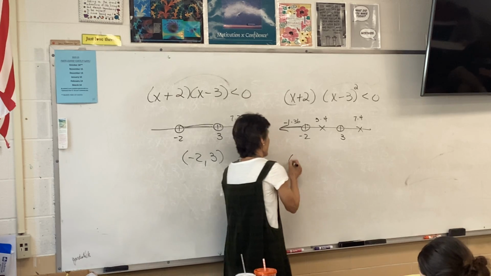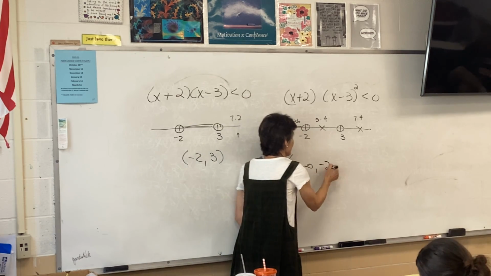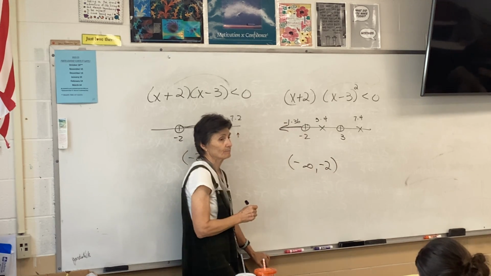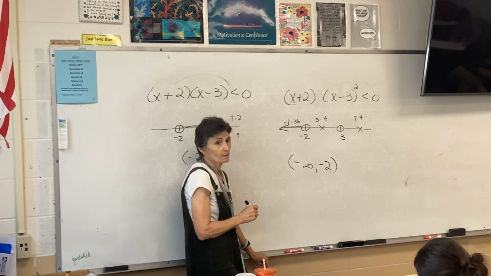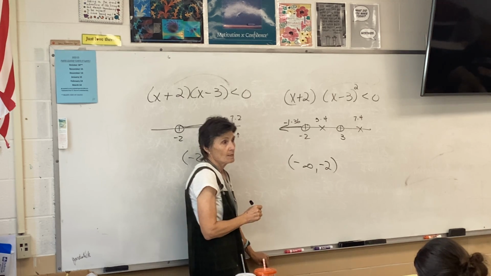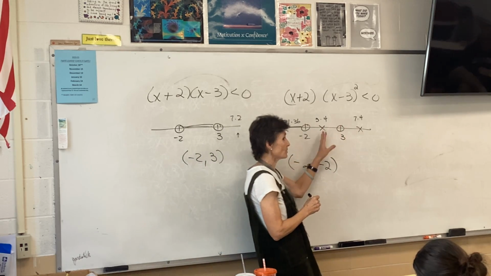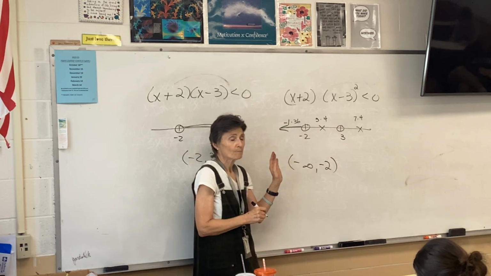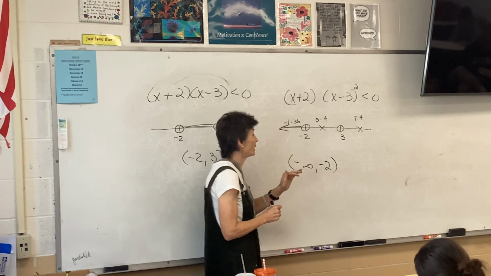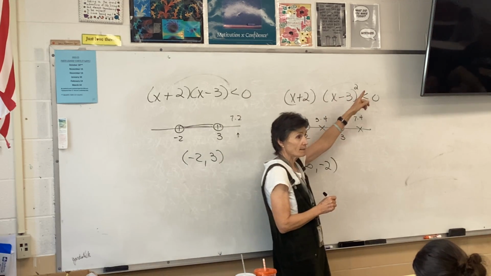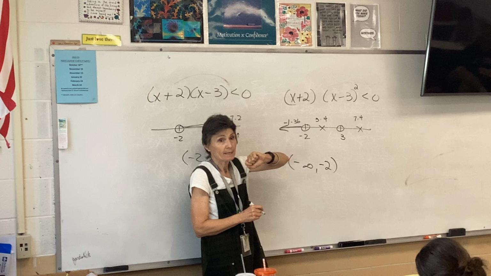So this time my answer is negative infinity to negative 2. You can always try numbers in every section, but you only have to do it when you have a power in your problem.